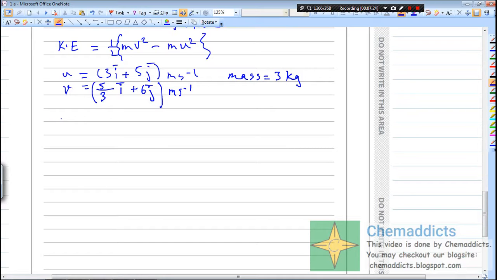So in here, let us first find the magnitude of initial velocity.